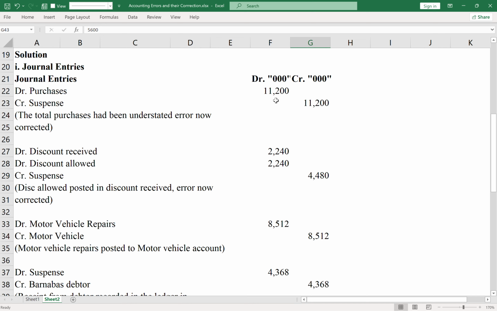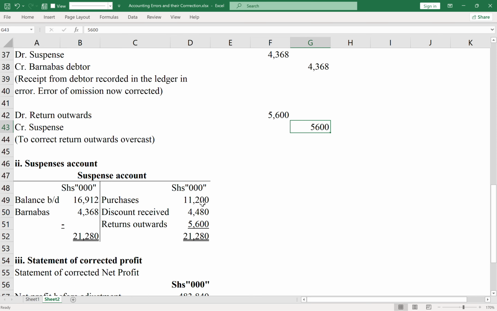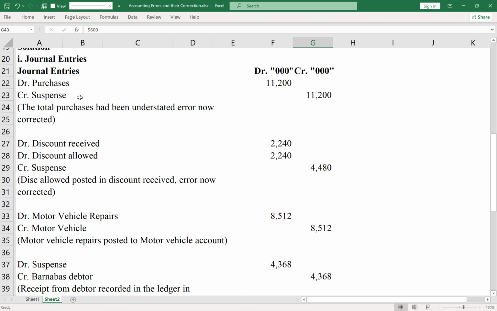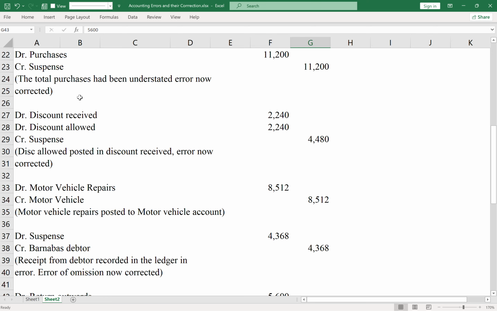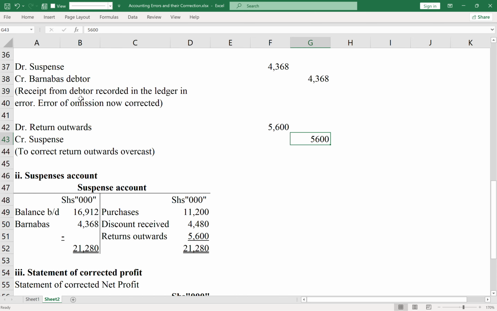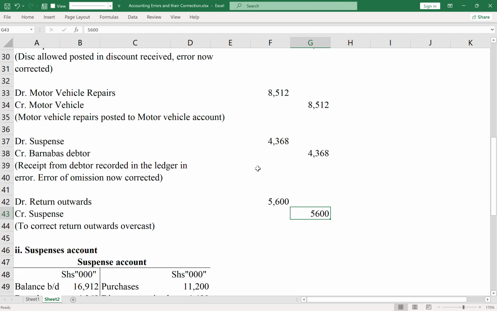We have the purchases for 11,200. Since we had debited purchases, we are going to credit them for 11,200. Then we also have another item that needs to be put in the suspense, the discount received and allowed. The total is 4,480.